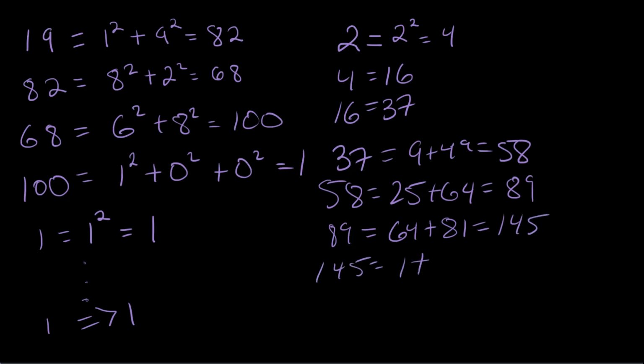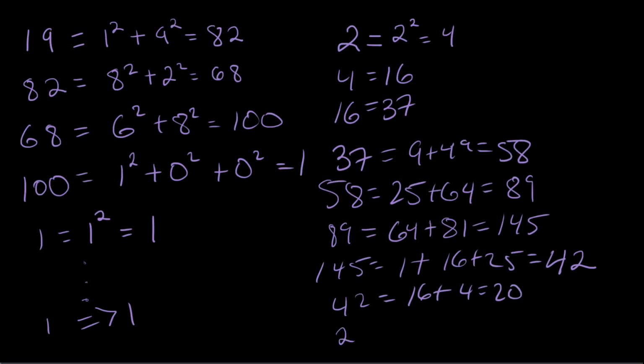145 goes to 1 plus 16 plus 25, 17, 32, 42. 42 goes to 20, and 20 goes to 4. And so here we have a cycle.